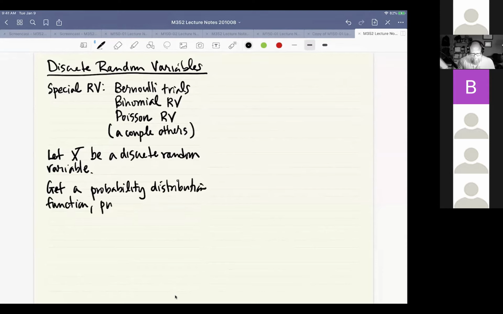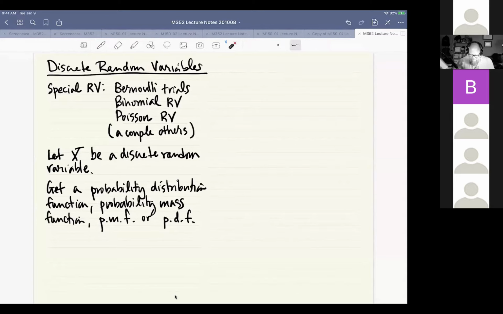Some people call it a probability mass function. I'll abbreviate that PMF, probability mass function, or PDF. Basically, today I'm going to show you each of these random variables has a different probability mass function.